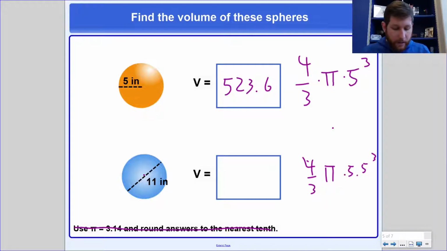That's going to go almost exactly the same as before. 5.5 cubed. And remember, if you're trying to get cubed on your calculator, it's the little caret button above the division sign, or if you look under the functions in Desmos, that will also get you the cubed function. Times pi, and we end up with 696.9.